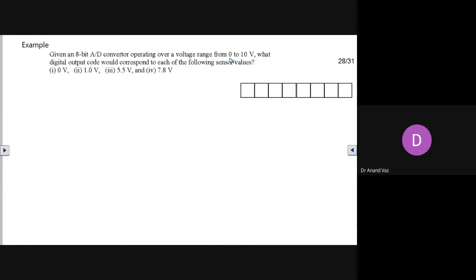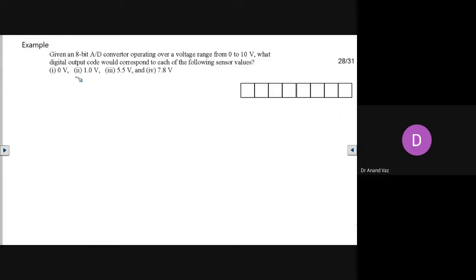Okay, so we have the analog voltage range from 0 to 10 volts, and it has to be digitized using an 8-bit analog to digital converter. Whenever the digitization takes place, we will represent it using 8 bits like this, as shown here.